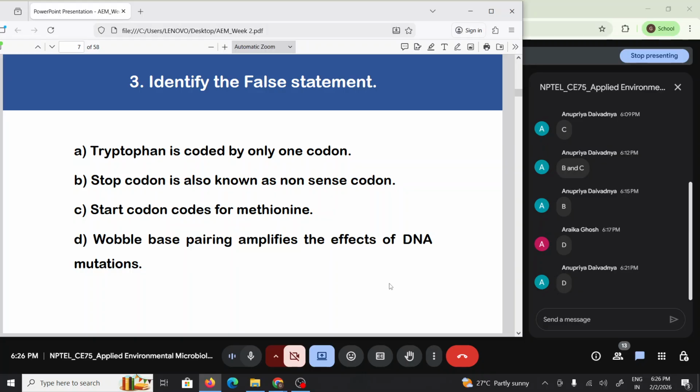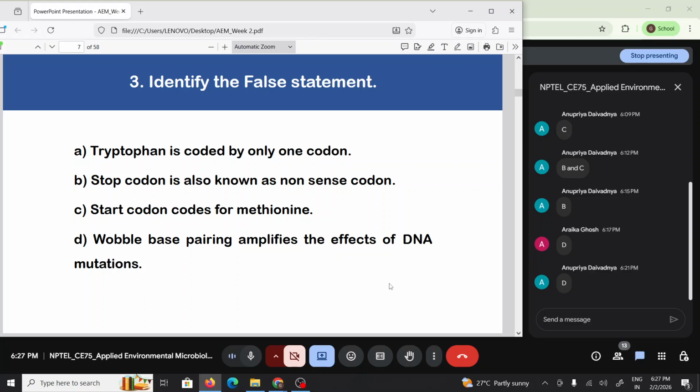And this Wobble base pairing actually does not amplify the effect of DNA mutation but minimizes it. Because what is DNA mutation? DNA mutation is the change in the DNA sequence, right? If there is a change in one particular place, then the amino acid sequence could be changed, and therefore the protein structure and hence the functionality is going to change. So that is how mutation adversely affects any organism. But Wobble base pairing is less specific, especially with the third position of that codon.